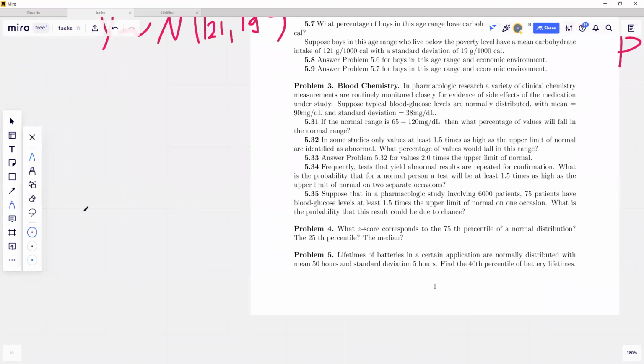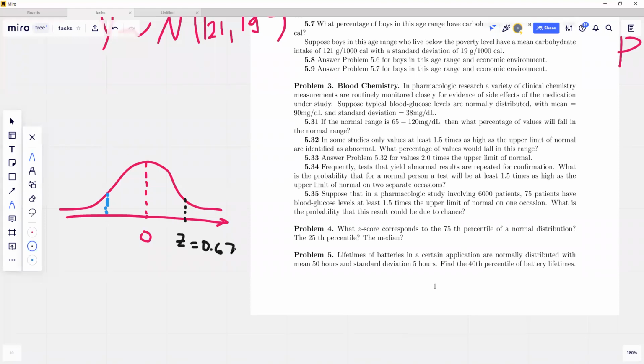So if you recall, the standard normal distribution is symmetric about its mean, and its mean is located at 0, so it is symmetric about 0. What does that mean? It means that, for instance, this point here corresponds to the 75th percentile, the point that we found just now, which was 0.67.